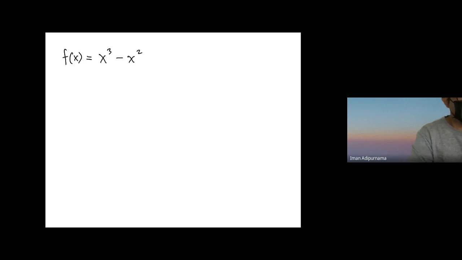A cubic, asking to find max, min, and concavity. Also the inflection point.